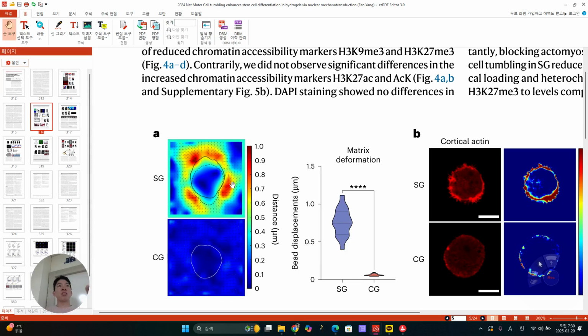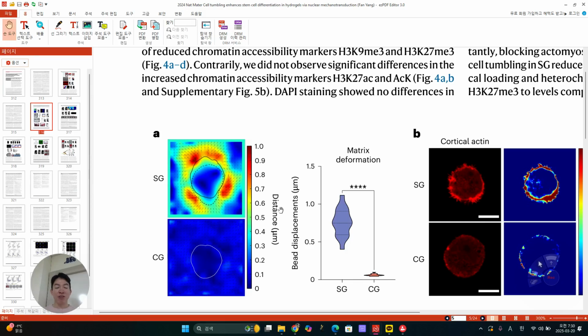So the beads were somehow deformed. But when you inhibit the actomyosin contractility in the cell, they go back because the cell doesn't have any power. So from the difference between the two bead images, you can calculate the distance. So this is the normal way, and we can do this in that trend.